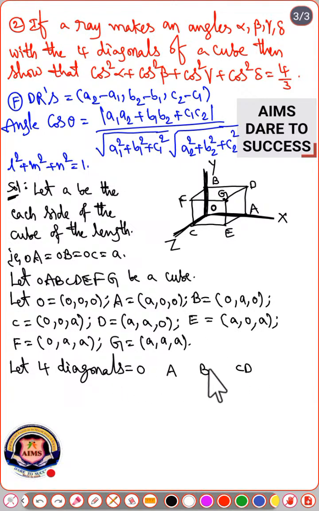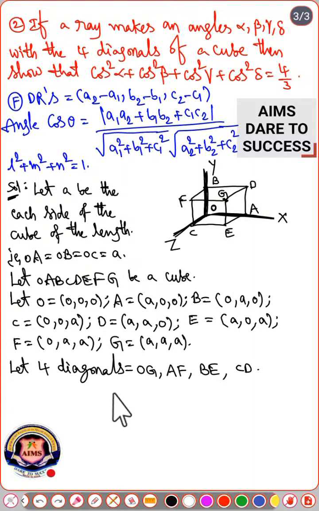Okay, my dears, these are the 4 diagonals. If you have any doubt, you can check once. OG is one diagonal. Later AF is another diagonal. Next BE is one more diagonal. And next CD is one more diagonal.